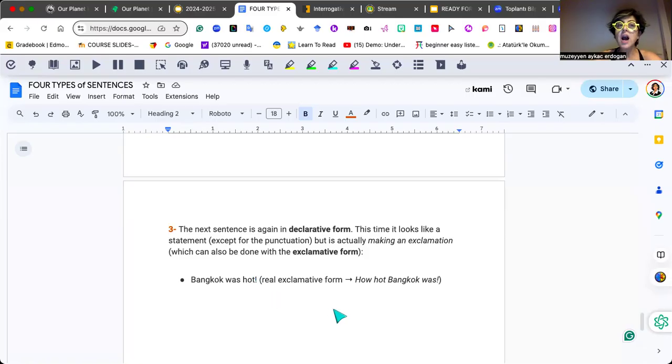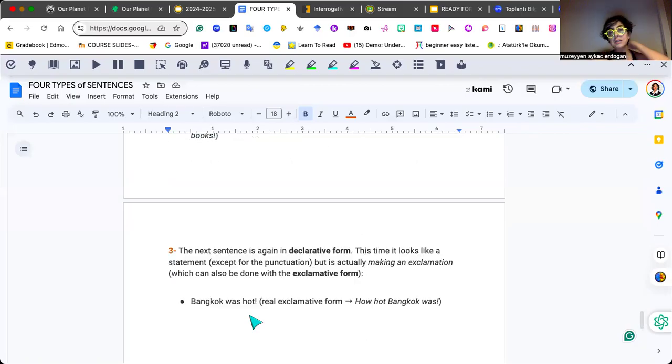Instead of saying how hot Bangkok was, you can say Bangkok was hot. Yani somehow you are surprised how hot Bangkok is. Okay, so you can give this meaning in this kind of sentences, yani which we call declarative sentences.